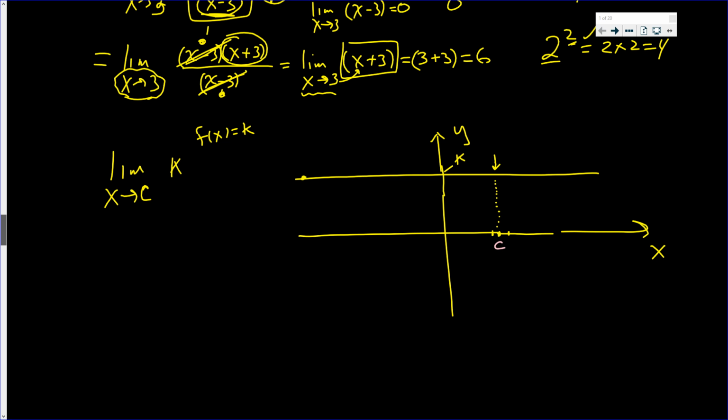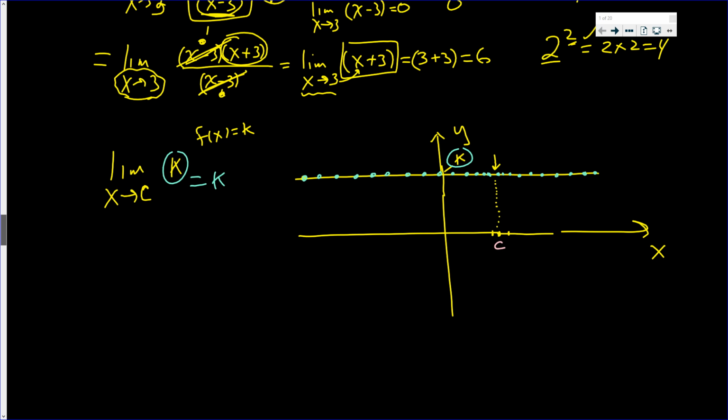If I start getting closer and closer to c, I'm getting very close to c, and the y value is near k. If I'm above c but I move towards c, the y value about right here is also k. This limit is just k.